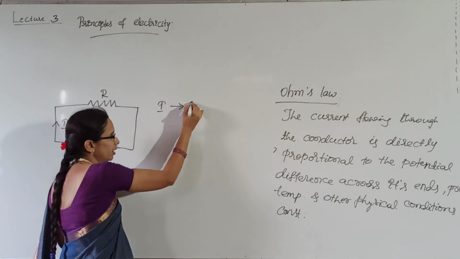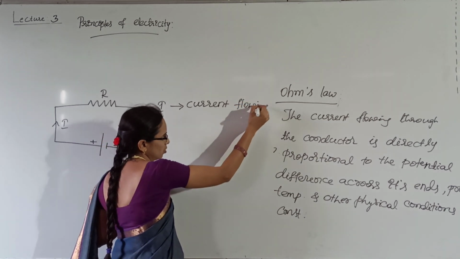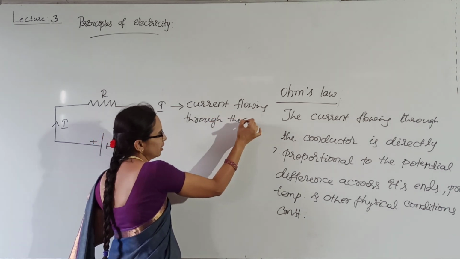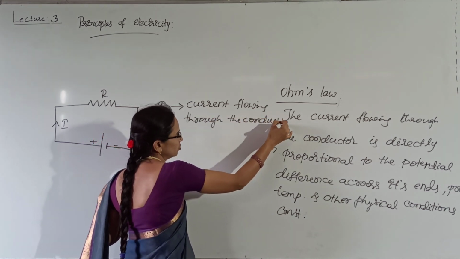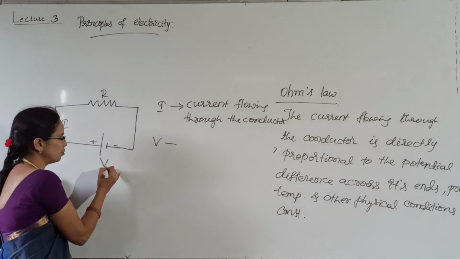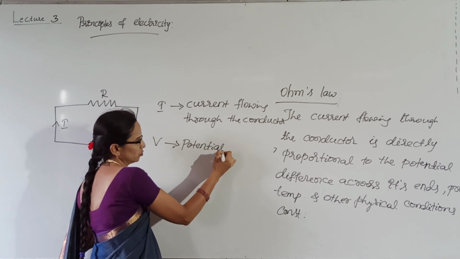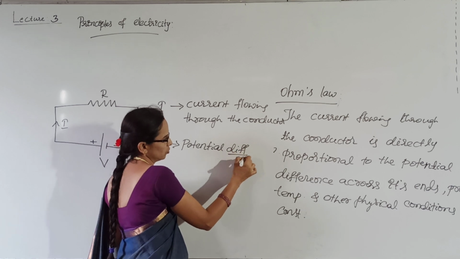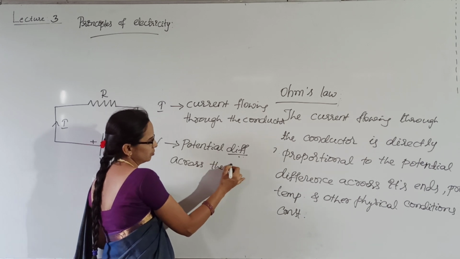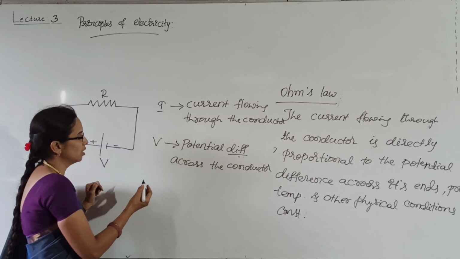If I be the current flowing through the conductor and if V is the potential difference across the conductor, what happens?